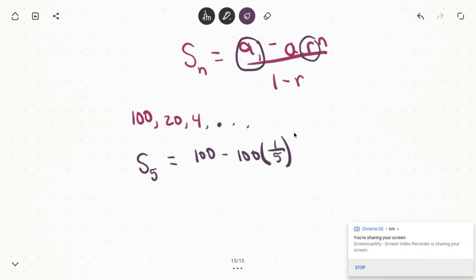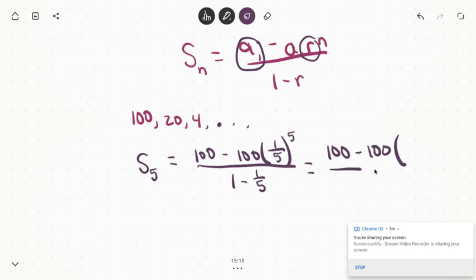And then we raise that to the nth power, which is 5, and we put that over 1 minus the common ratio. Again, remember the order of operations, so I want to do the exponent first, and remember the fraction acts like a grouping symbol. So let's see the exponent first.